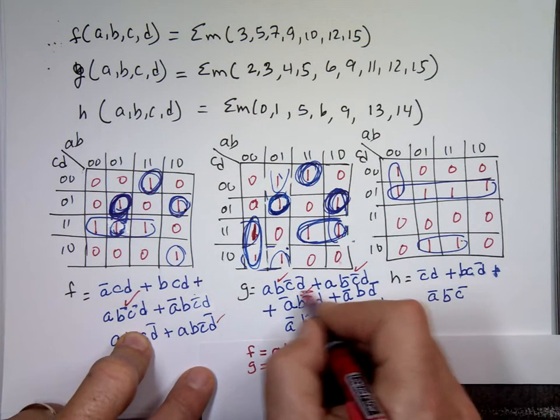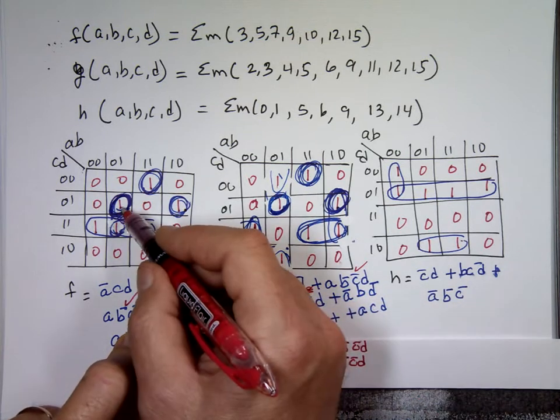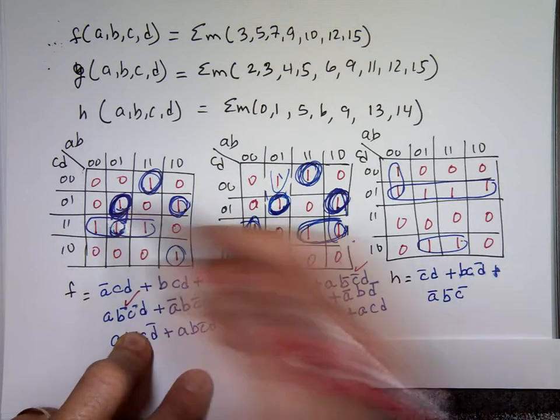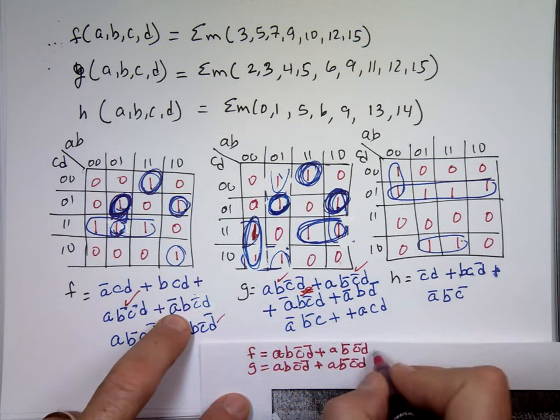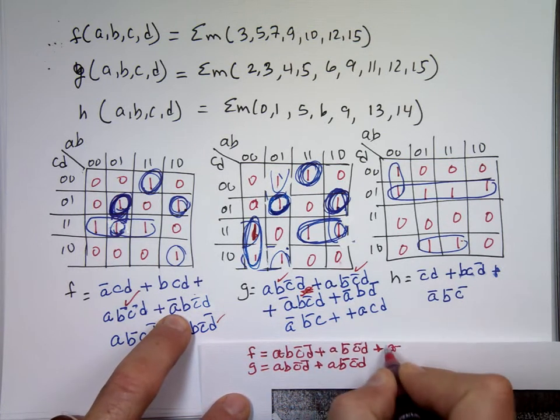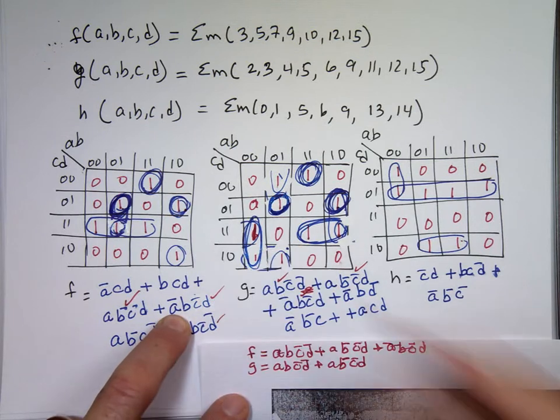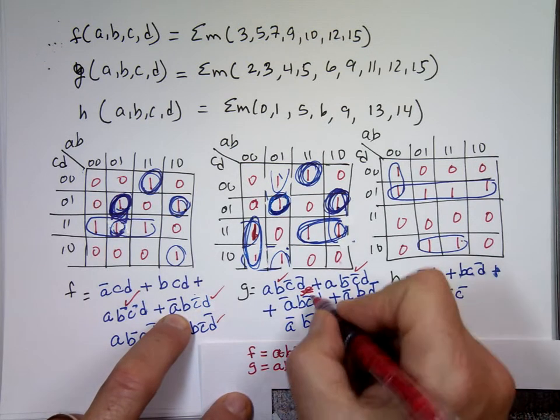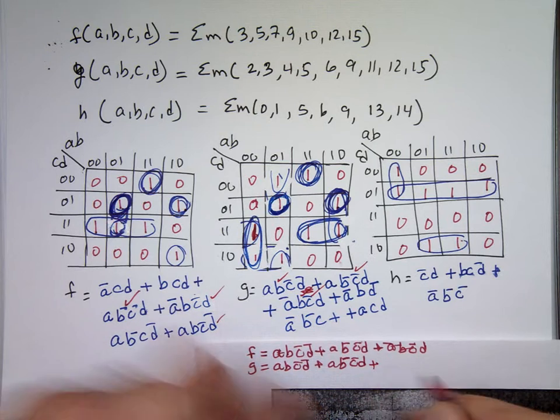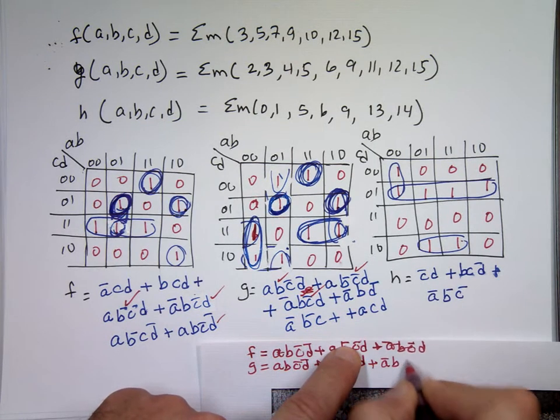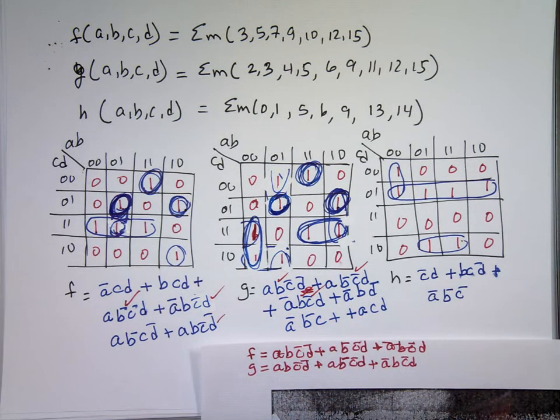A bar B, C bar D, that's this one. So these are the matching ones. So the rest, just write it down.